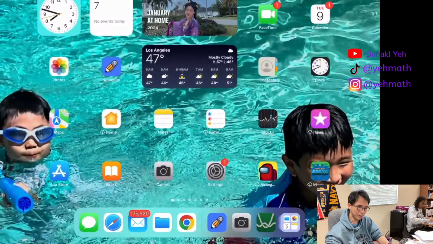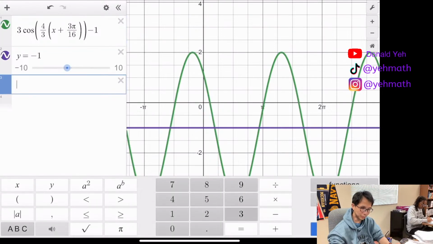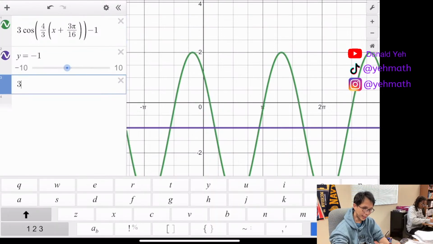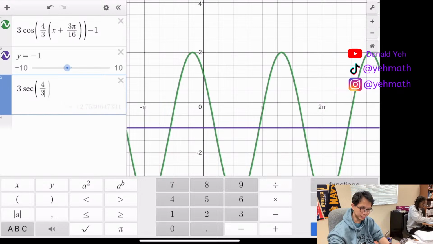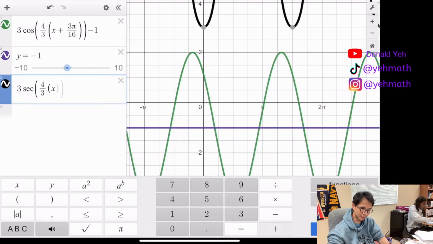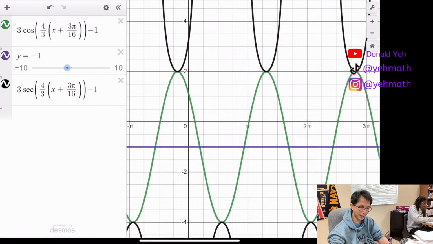So if you go back, if I change this to 3 and the secant of parenthesis 4 over 3 parenthesis x plus 3 pi over 16, and if I have a 2 close parenthesis here, and if I just do minus 1, guess what?